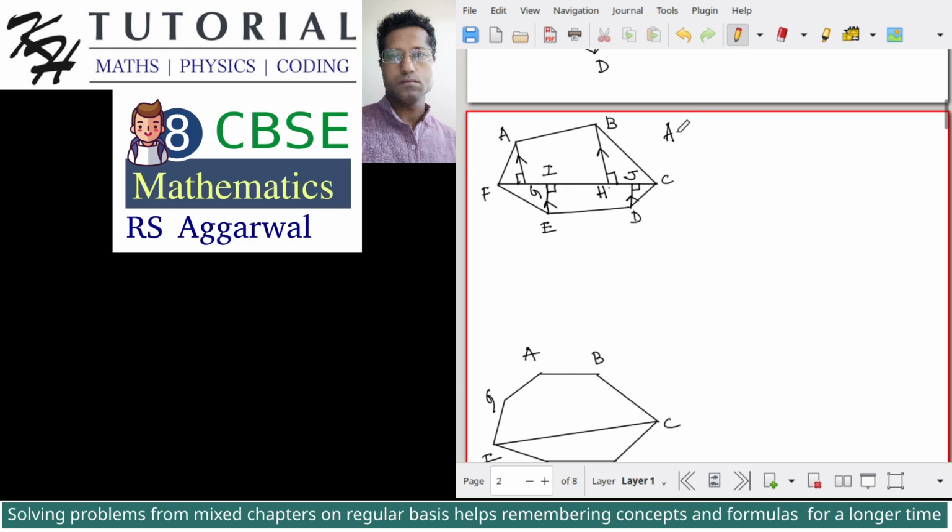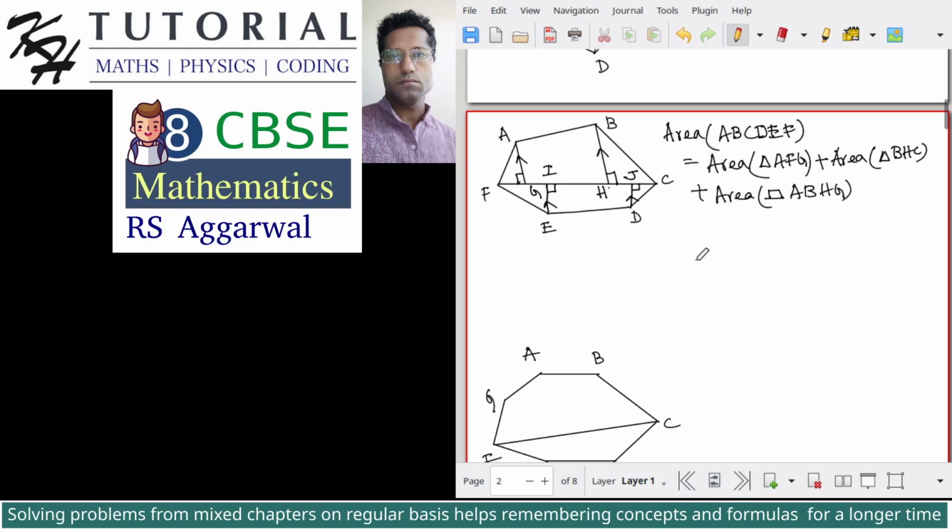So the area of the hexagon ABCDEF will be equal to the area of triangle AFG plus the area of triangle BHC plus the area of trapezium ABHG.